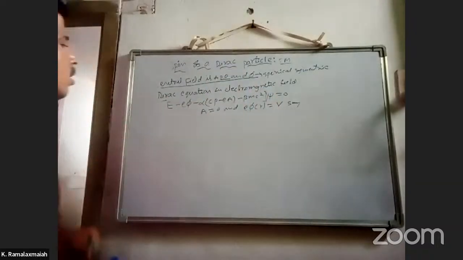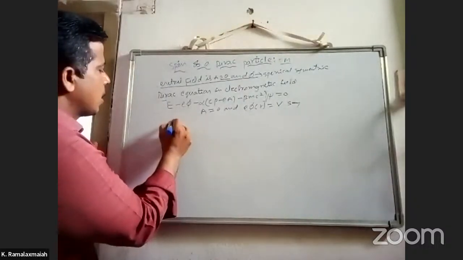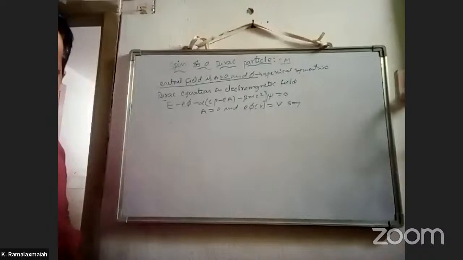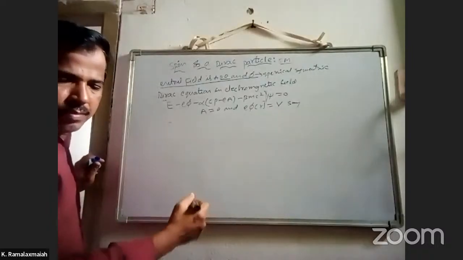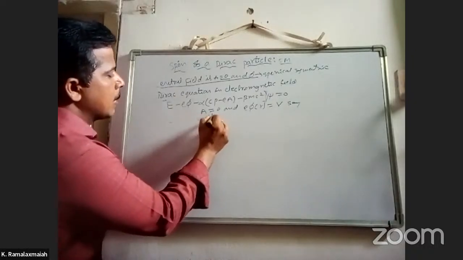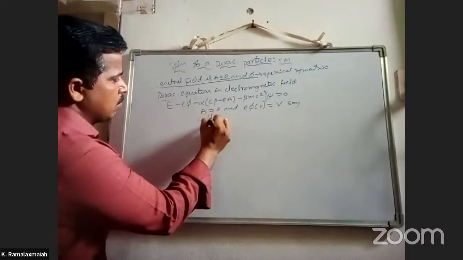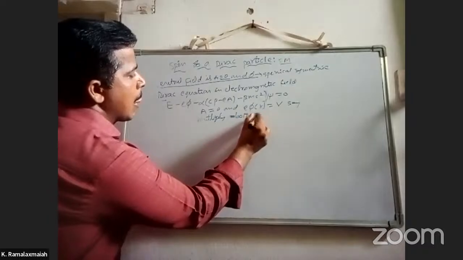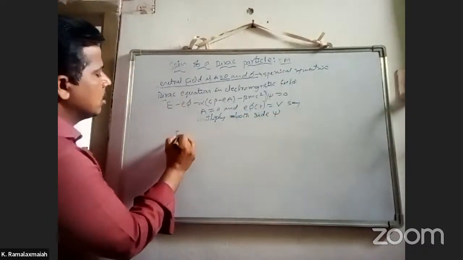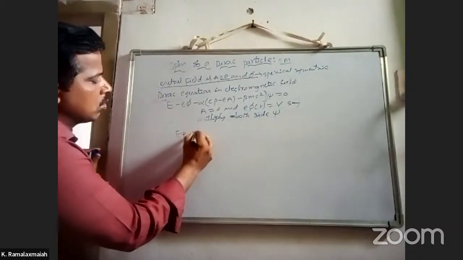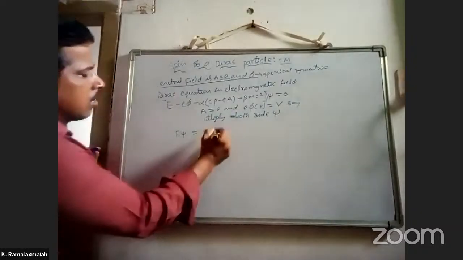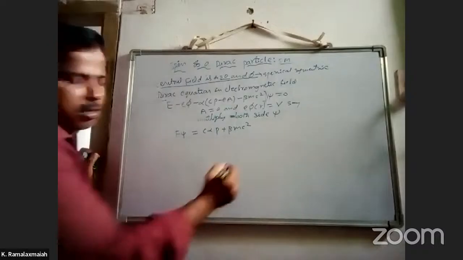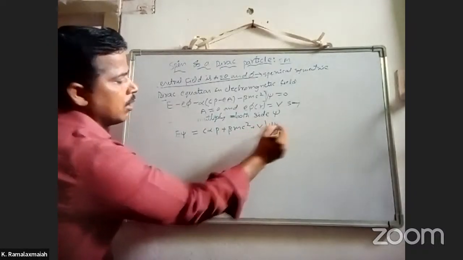Next, multiply both sides by psi. So E psi is equal to C alpha into P plus beta mc square plus V into psi.